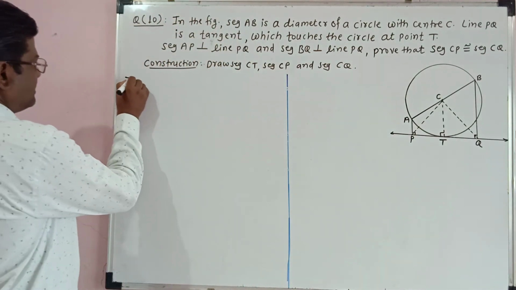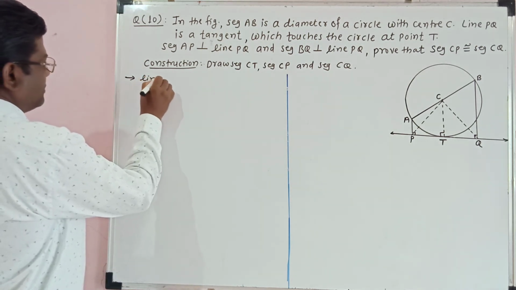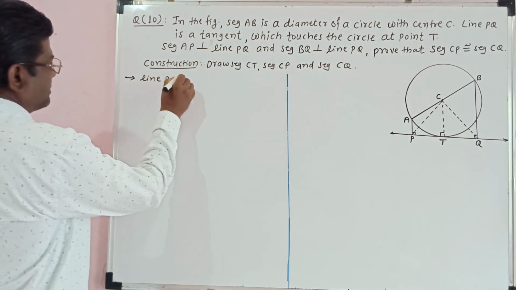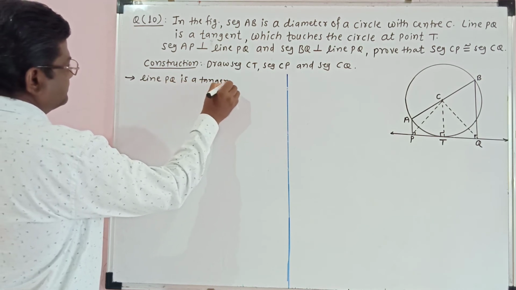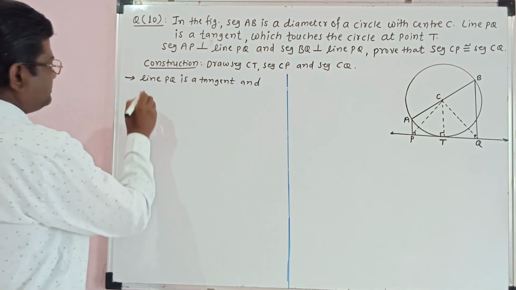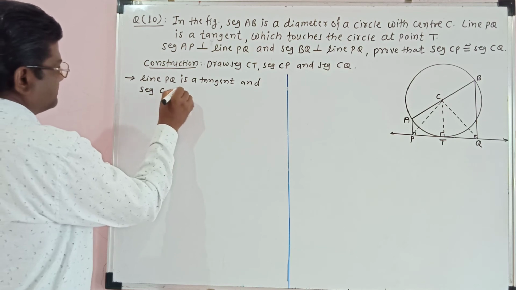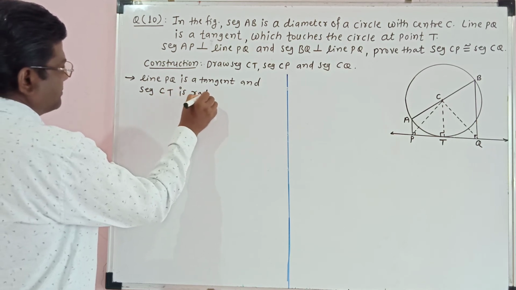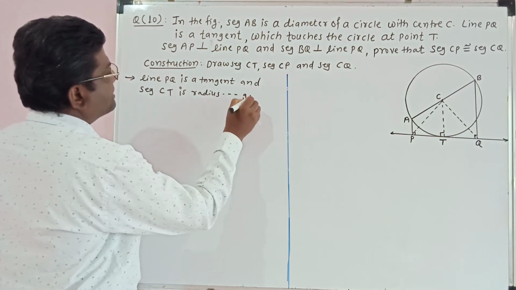Therefore we write: line PQ is a tangent and segment CT is a radius. This is given.